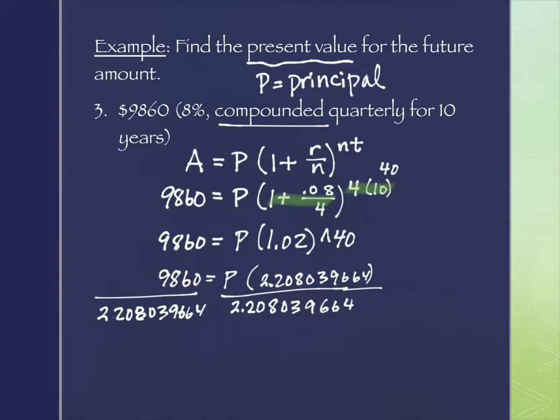So 9860 divided by our 2.2-ish number. It's going to be about half, right? You're dividing it by 2 something. So we're looking at something that's going to be about half of 9,000.